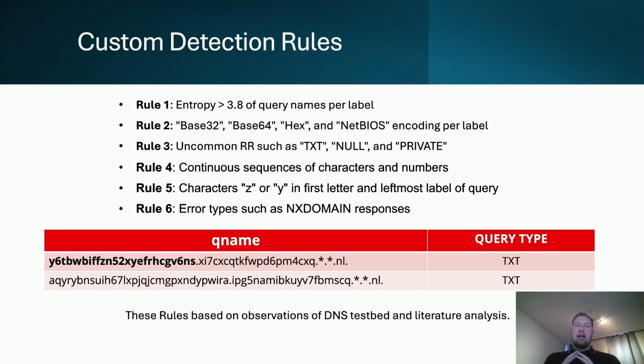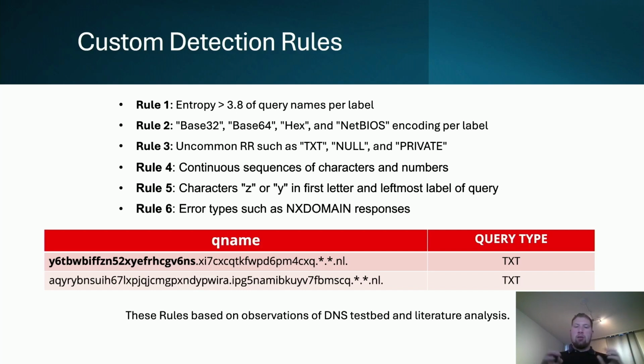Rule 4 detects continuous sequences of characters and numbers. Rule 5 detects the characters Y and Z in the first, leftmost label of a DNS query, and Rule 6 detects NXDOMAIN responses, where we make a new DNS resolver which requests the queries to check if they exist or not.